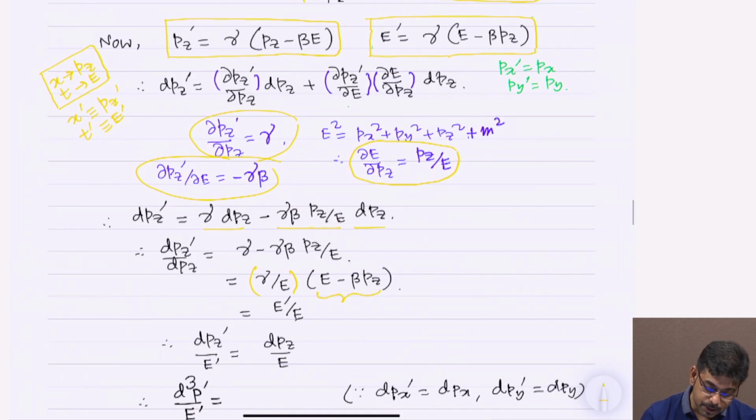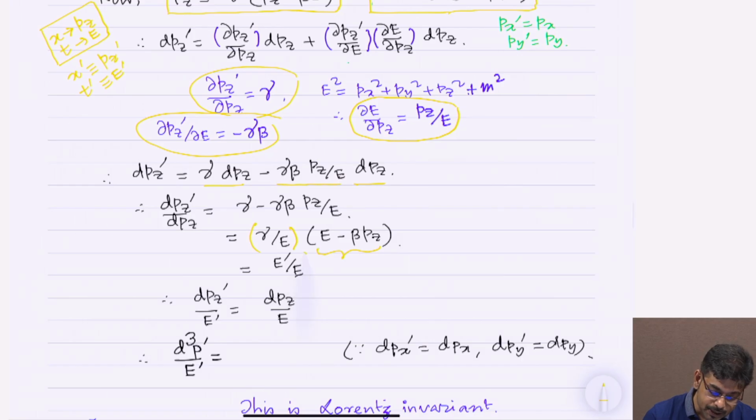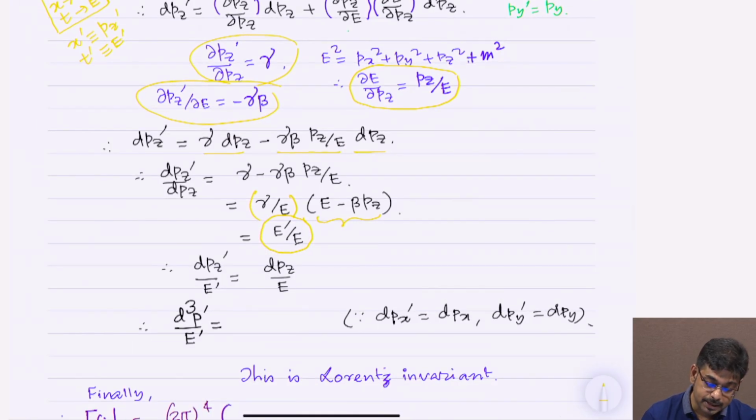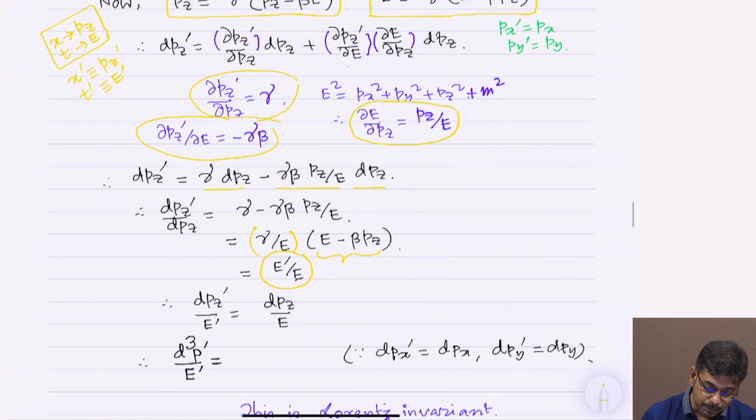Now, look into this expression, this gamma into E minus beta pz, that is nothing but E prime. So, this expression becomes E prime by E. So, dpz prime by dpz is nothing but E prime by E, or you can say dpz prime by E prime is dpz by E.